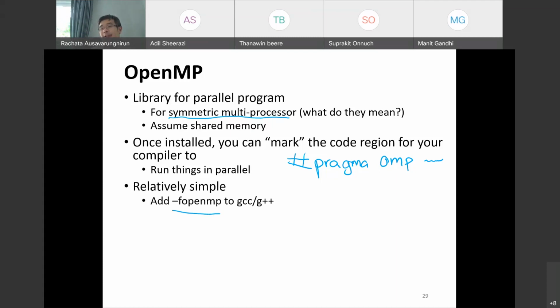That would make sure the compiler looks for this pragma omp, and it would run that in parallel, right? Compared to pthreads, this is a lot easier. But at the same time, when you have these tools, what's the one thing that you still need to consider? Algorithm, right? You need to make sure your program can run in parallel before you use it.